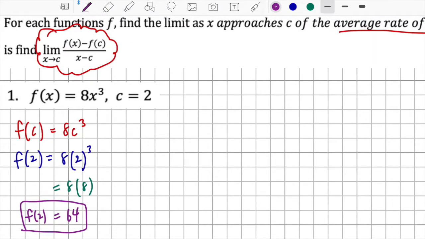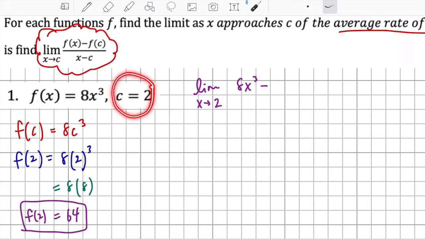Now, let's evaluate the limit. I'm going to start off by saying limit as x approaches 2, because my c is 2. So I'm replacing it there. And then notice in the average rate of change, we have f of x, which is our function. And our function is 8x cubed minus f of c.